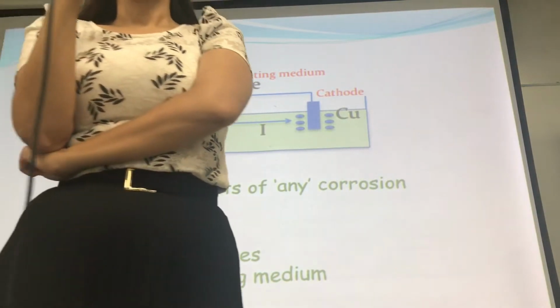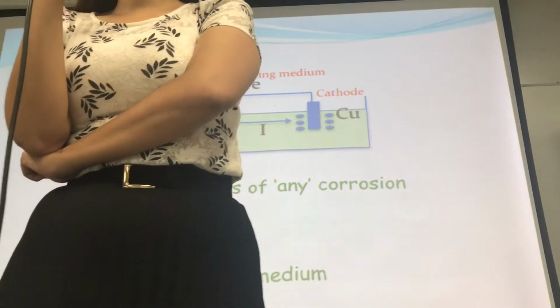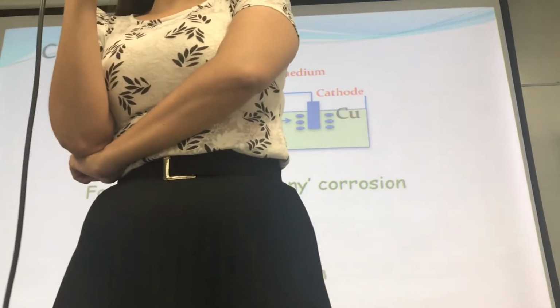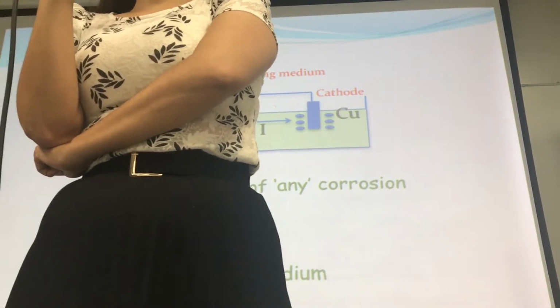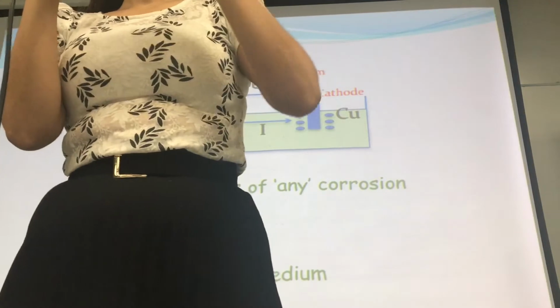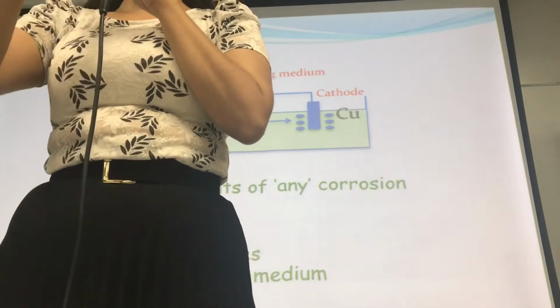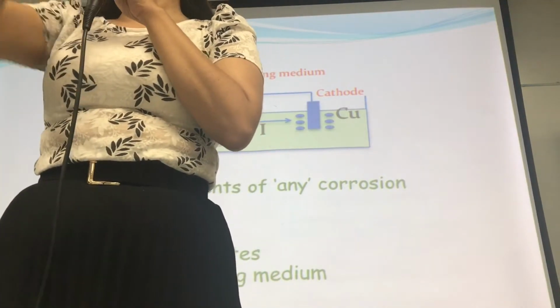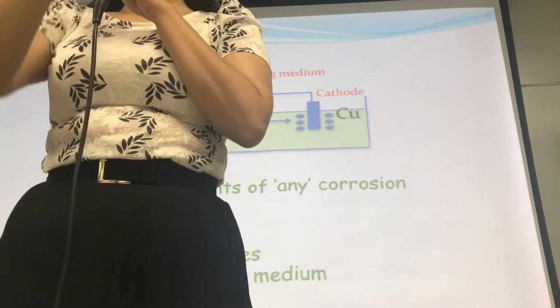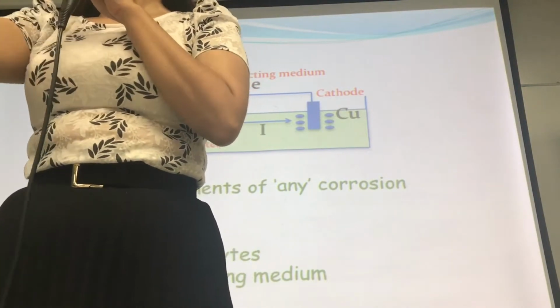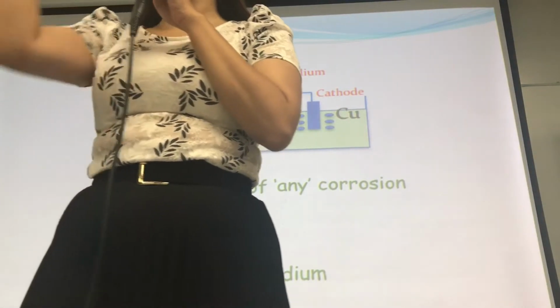And the way to do something about it is, first, I need to make sure that the part where it peeled off is totally dry. And then after that, I need to paint it.